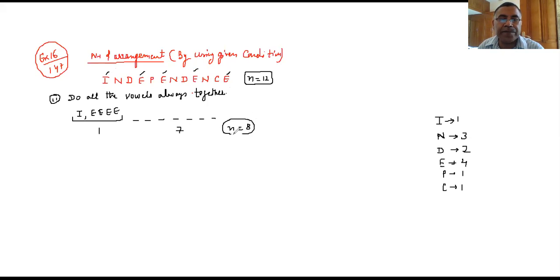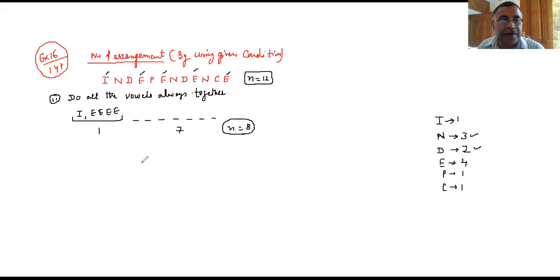So when I take all vowels together, under those circumstances, total number of letters with me are 8. And out of these 8, how many are repeating except E? D is repeating twice and N is repeating thrice.